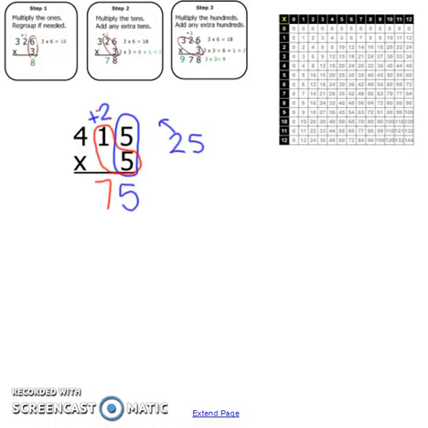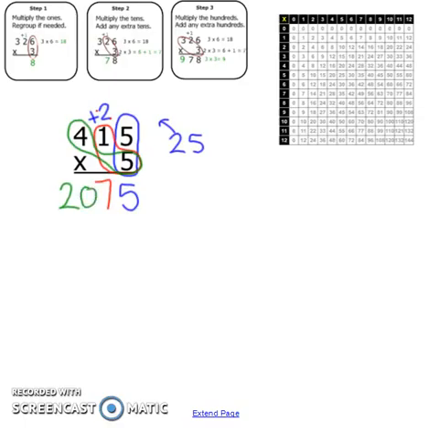So now I'm going to step 3, multiply my hundreds place. So I'm going to take this same 5 and multiply it by my number in the hundreds place, which is 4. And 4 times 5 is 20. I don't have any extra places to carry to, so I'm going to write my 20 right here.